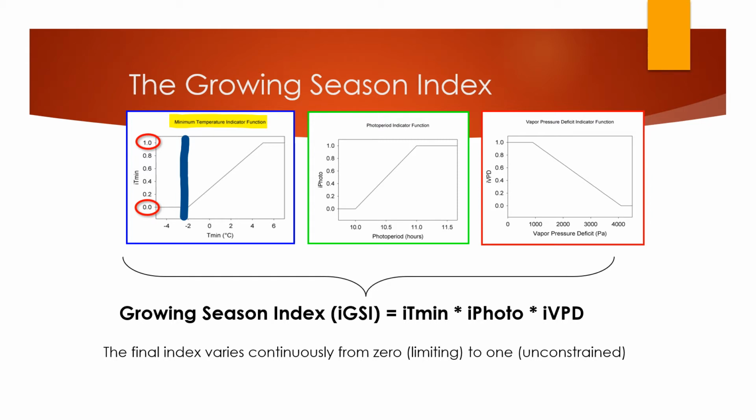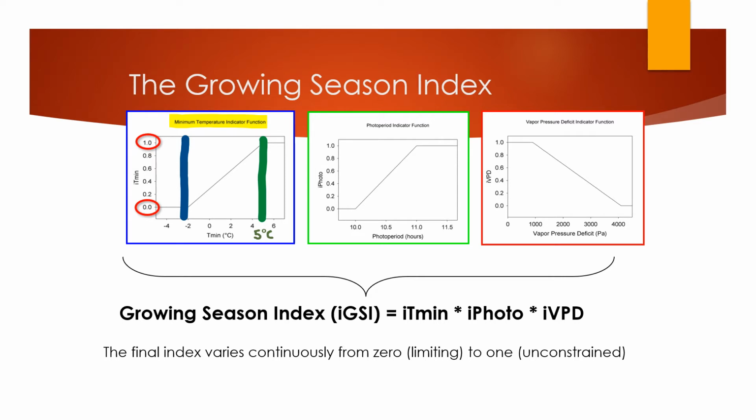And as you increase above freezing, at some point temperature isn't limiting anymore. So in this case, as we get above 5 degrees Celsius, we assume that minimum temperature doesn't limit plant function any further.